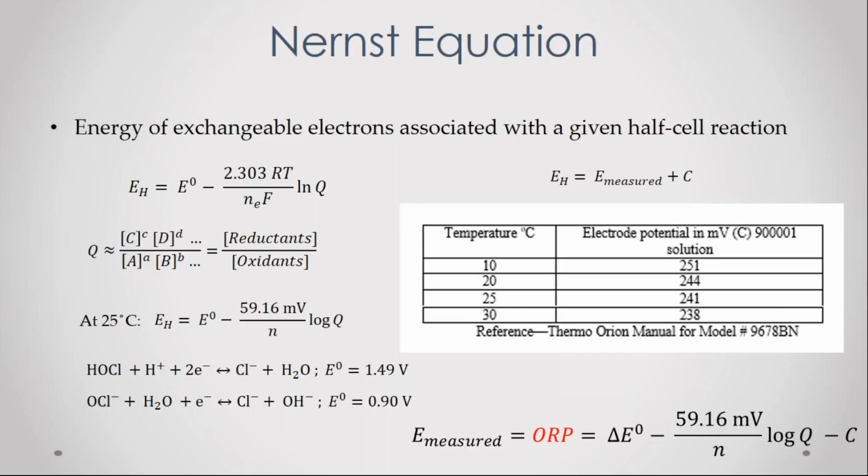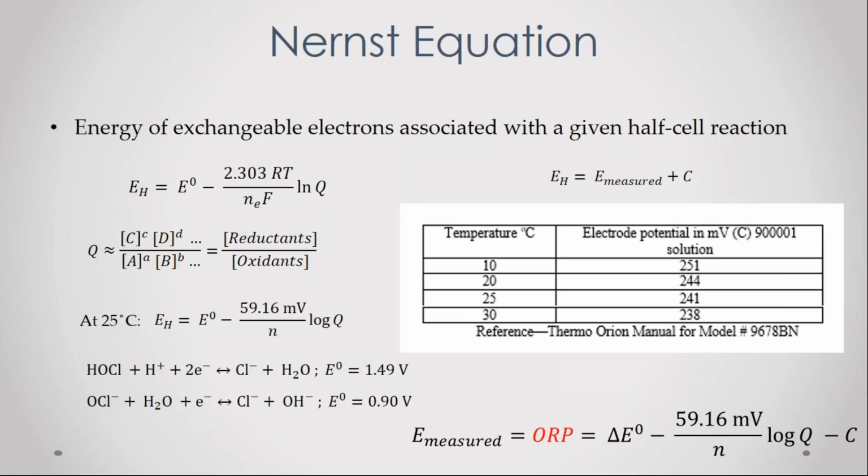The activity coefficient is very similar to the equilibrium constant, and it can be simplified to the concentration of the reductants over the concentration of the oxidants. When you simplify at 25 degrees C, standard temperature and pressure, the Nernst equation can be simplified here.